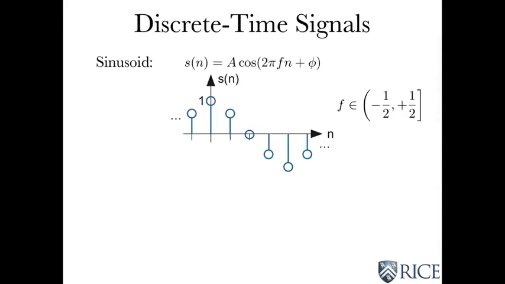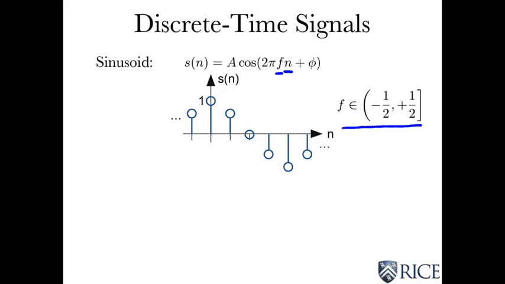All right, let's then extend this to a sinusoid. The formula looks the same. The only difference is that n is an integer, which again makes f have no dimensions, and we're usually going to pick f to lie in that range. So the highest value of f that makes any sense to talk about is half. And you get what looks like a sinusoid, but of course it's only defined at integers, so you get a stem plot.